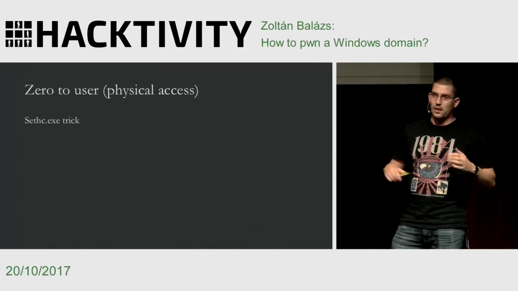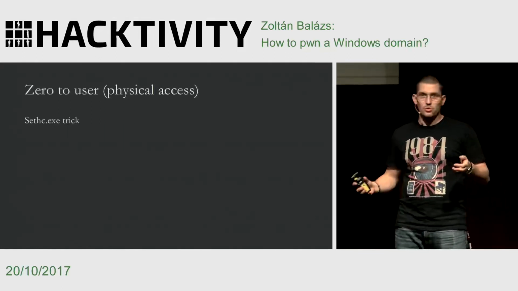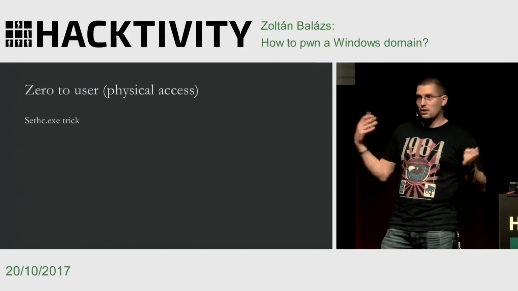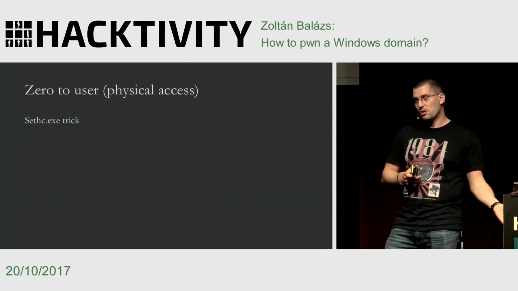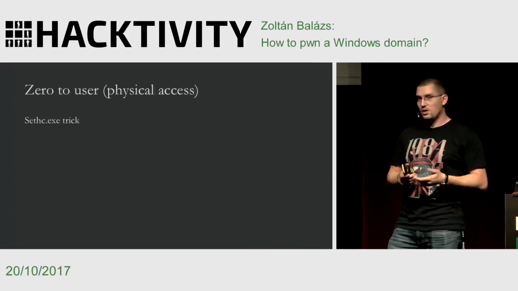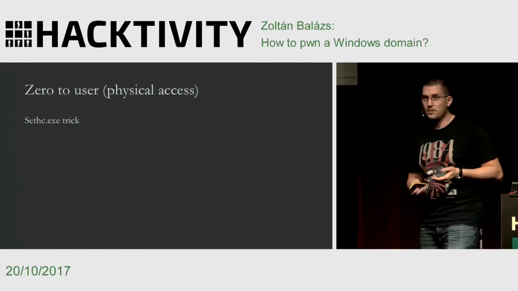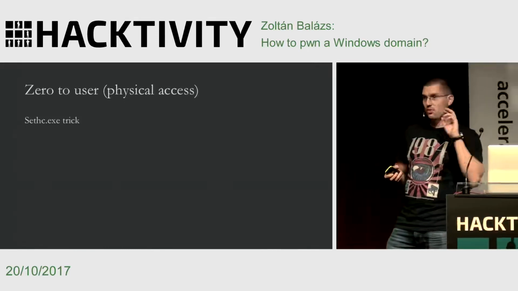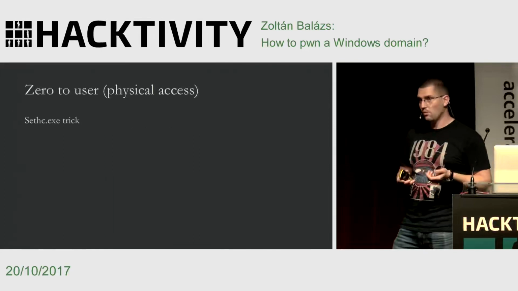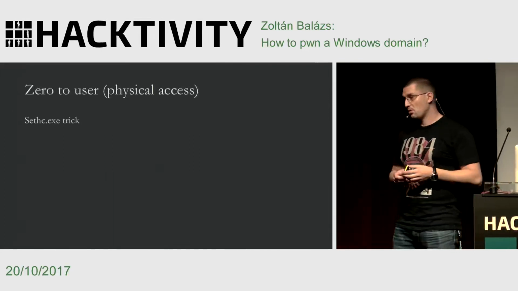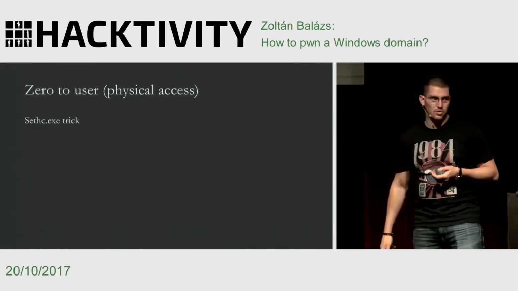So if you have access to this computer, for example, you can boot from another media or something similar, and the disk is not encrypted, you can replace sethc.exe with cmd.exe, which means whenever you hit Shift 3 times, then the cmd.exe will pop up. So you already have a command shell with system privileges, which is nice.